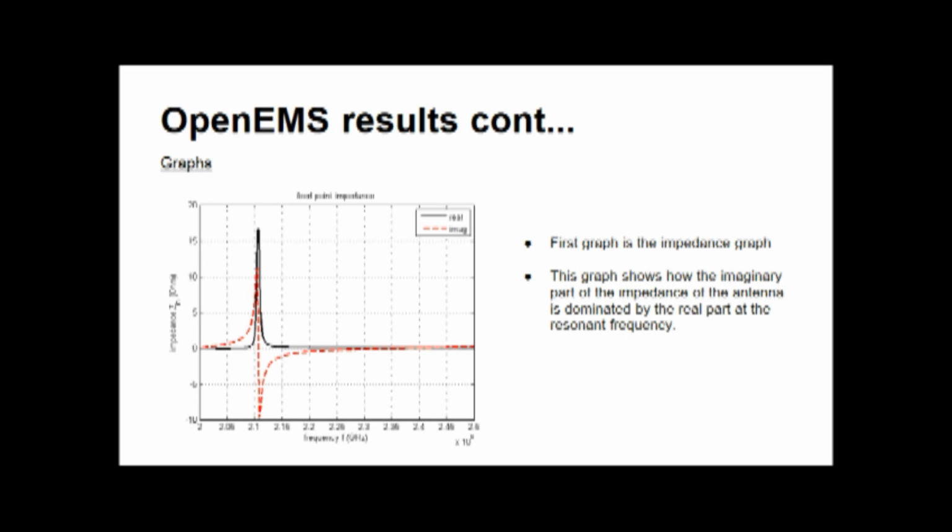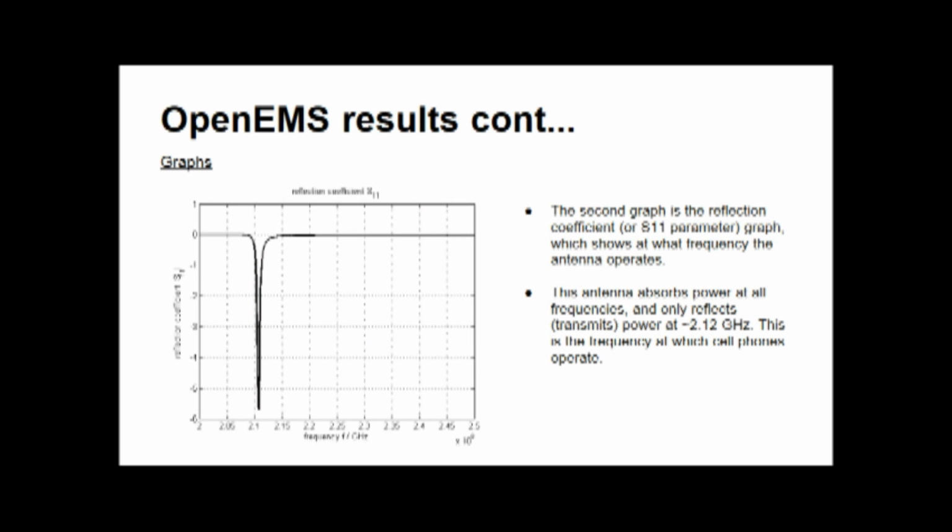So the first graph is the impedance graph. This graph shows the imaginary part of the impedance of the antenna being dominated by the real part at the resonant frequency. So it shows that the antenna is operating at around 2.1 gigahertz. The next graph is the reflection coefficient, also known as the S11 parameter graph.